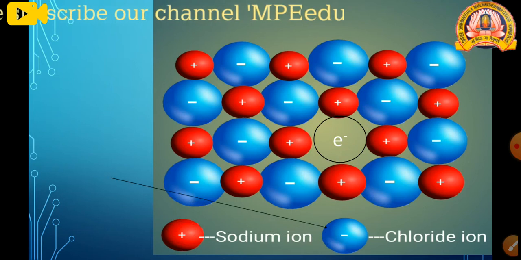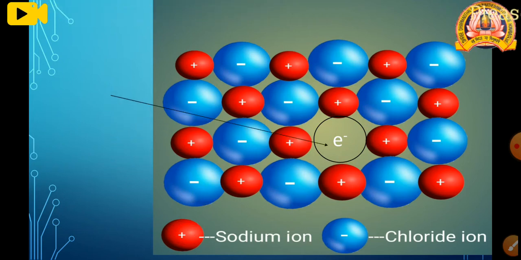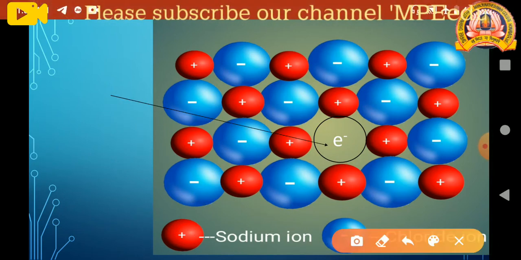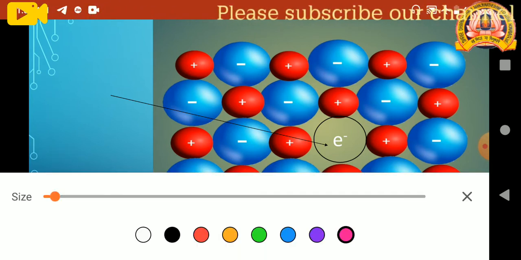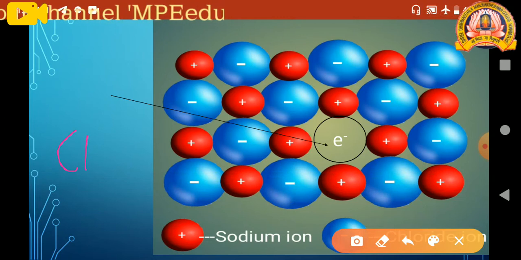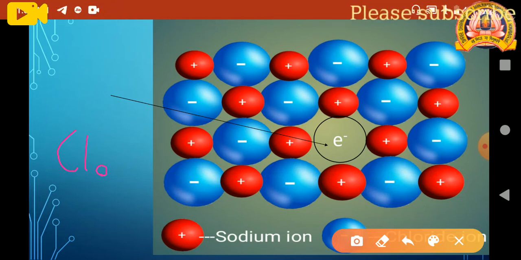This place becomes vacant, but the vacant place does not remain vacant; it is acquired by the electron of the evaporated chloride.